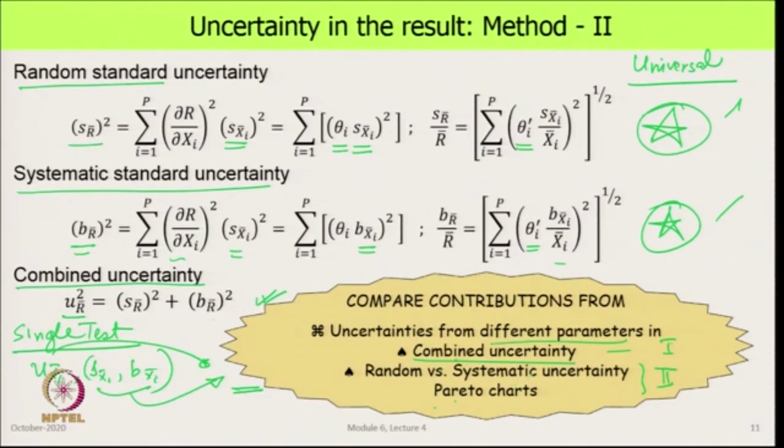So, here we get as much inputs as there are number of parameters. In the second case, we get twice as much information because random and systematic uncertainties are also taken care of. And a graphical representation of that one can do by using Pareto charts, and in one picture it gives you a complete overview of which are the uncertainties which are very significant, which are those that can be neglected, and how is the distribution happening.